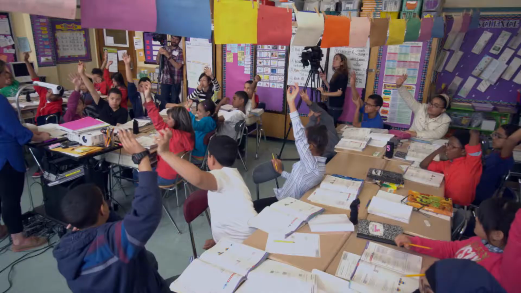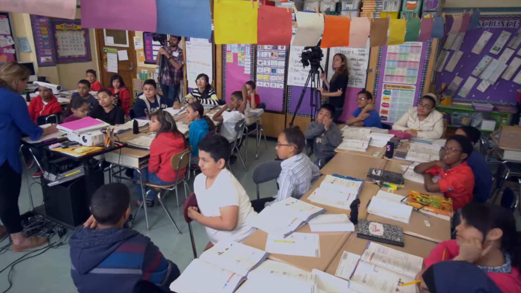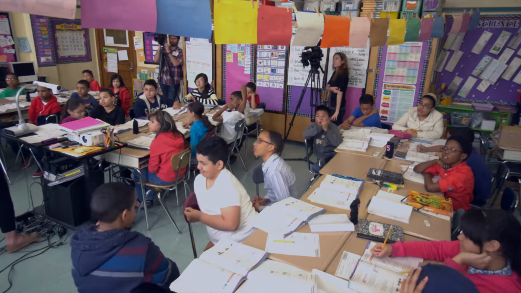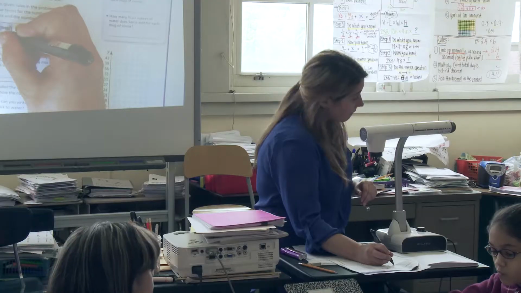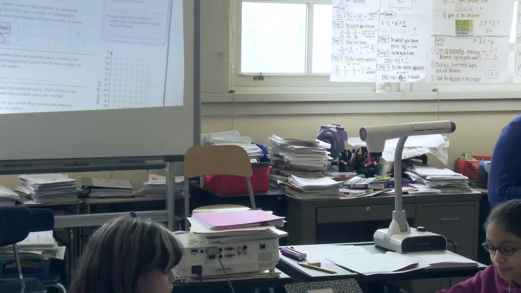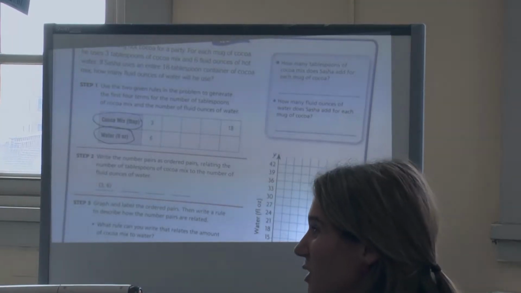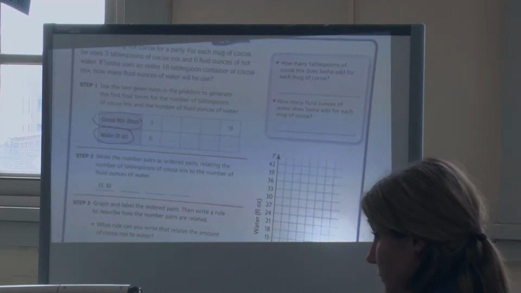It's good, right? So they notice that two things are connected. The amount of cocoa mix you use and the amount of, Reynaldo? Water. If you put the wrong amount in, maybe your hot chocolate will be too chocolatey or too watery. You have to have just the right balance.